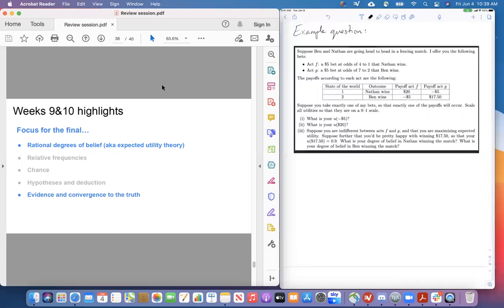So I want you to have a think for 4 or 5 minutes about how you would go about this question. And then what we're going to do, we'll come back together and I'll walk through the solution. And then hopefully with about 5 minutes left, we'll pause for some questions. Again, this is something to focus on for the final, this type of question.